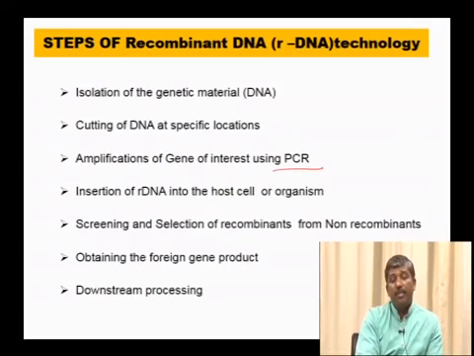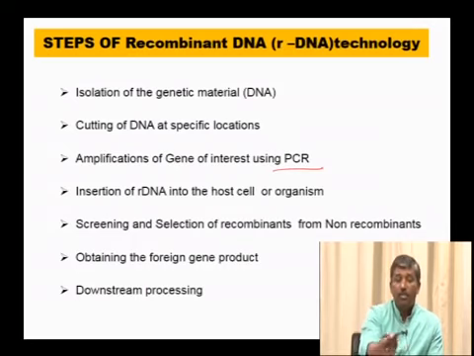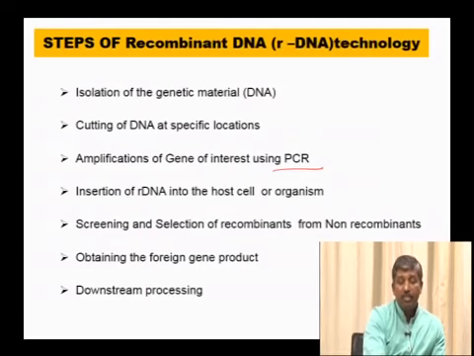Next, insertion of recombinant DNA into the host cell or organism, through the techniques we discussed: competent cell, microinjection, gene gun or biolistic method, or electroporation. Once we introduce our gene of interest, we need to know whether it has been incorporated or not. So we need to screen for the selection of recombinants from non-recombinants.